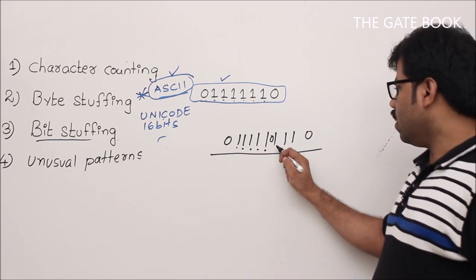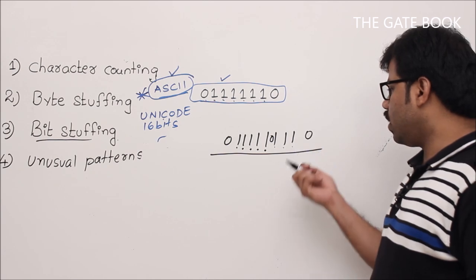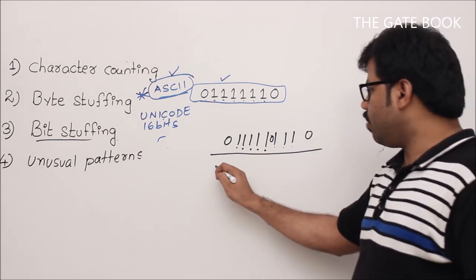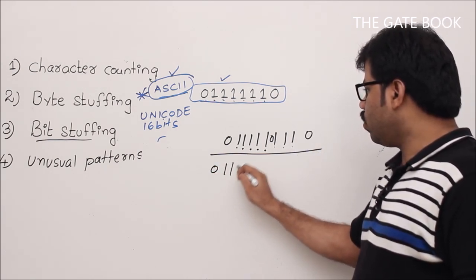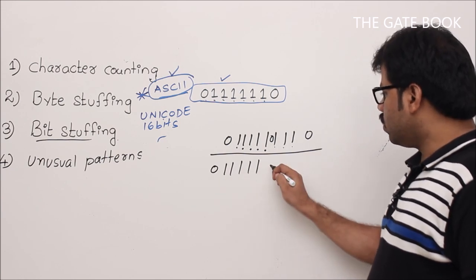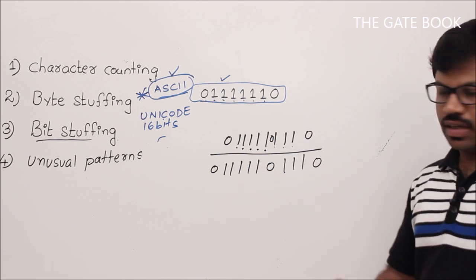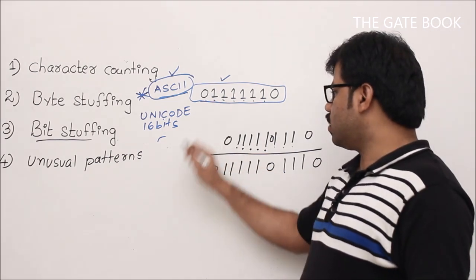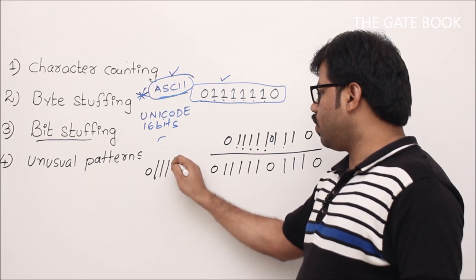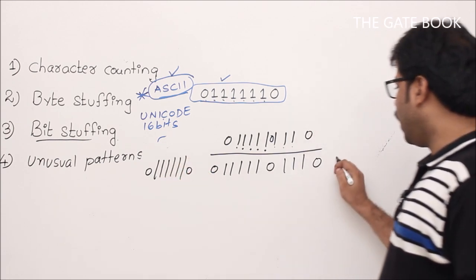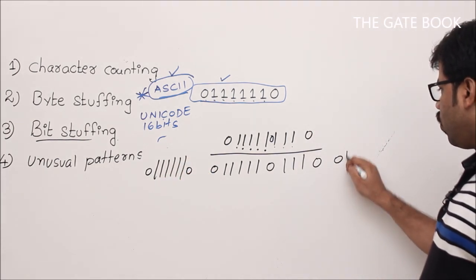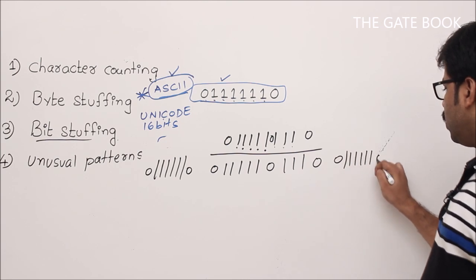Then again 1, 2, 3, there are only 3 ones, no problem. Your data will become 5 ones, then 0, then 1, 2, 3 ones, 0. This is an example data, right? Now we add the 0, six ones, 0 at the start, and then at the end of the frame, 0, six ones, 0.